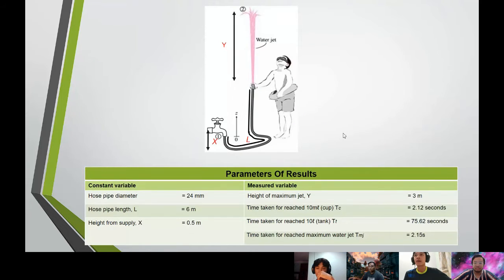I calculated the parameters of the result.